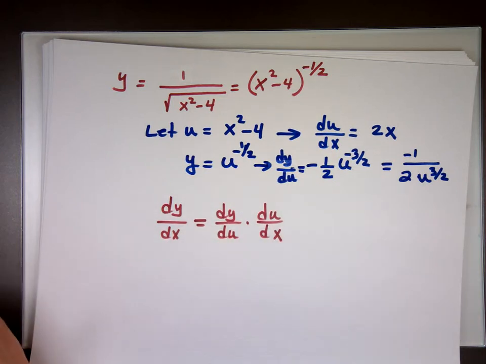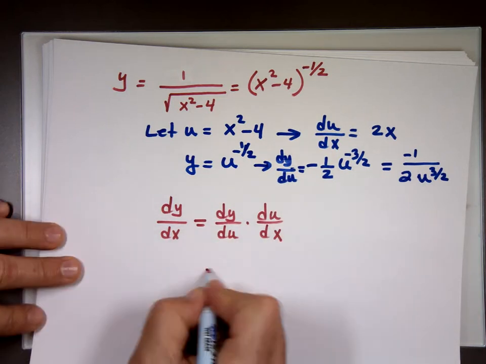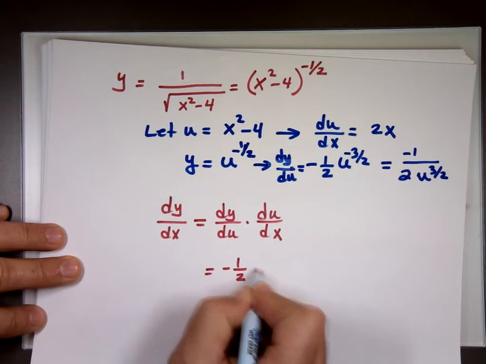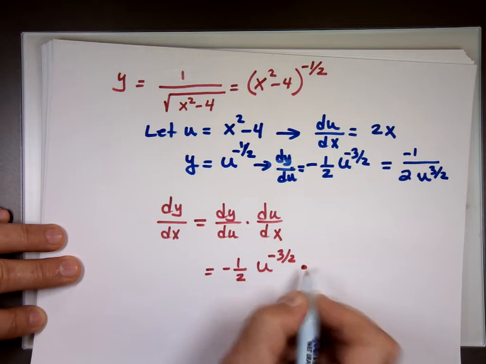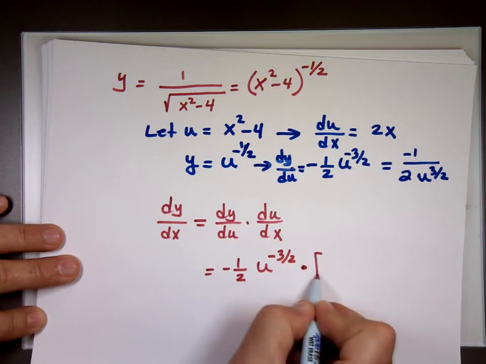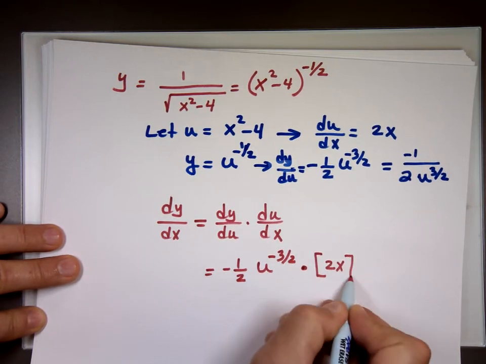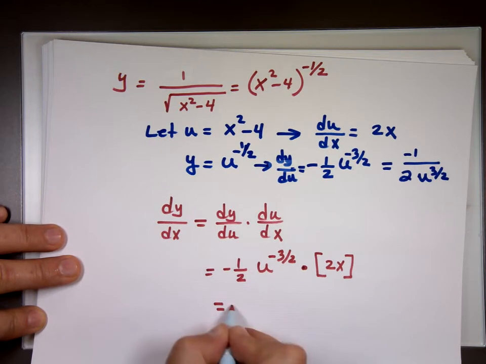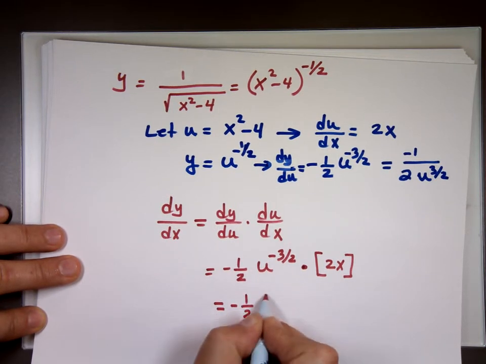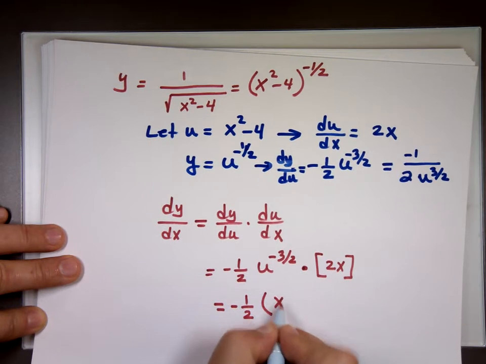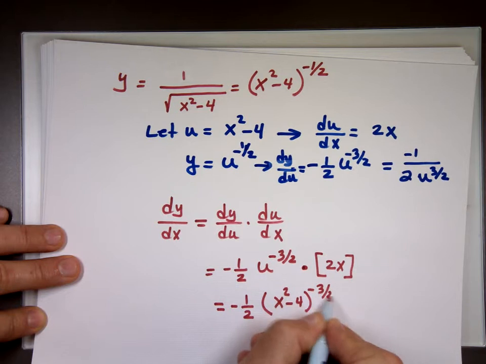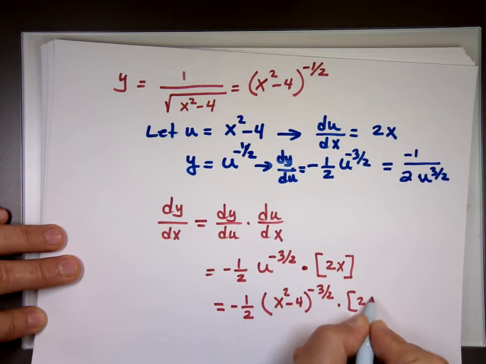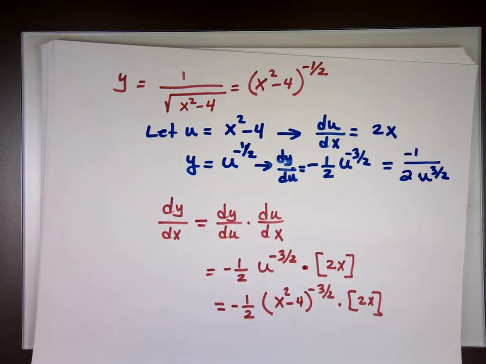So it's dy du, which is negative 1/2 u to the power of negative 3/2, times the derivative du dx, which is 2x. Negative 1/2, what is u? So that's the chain rule.